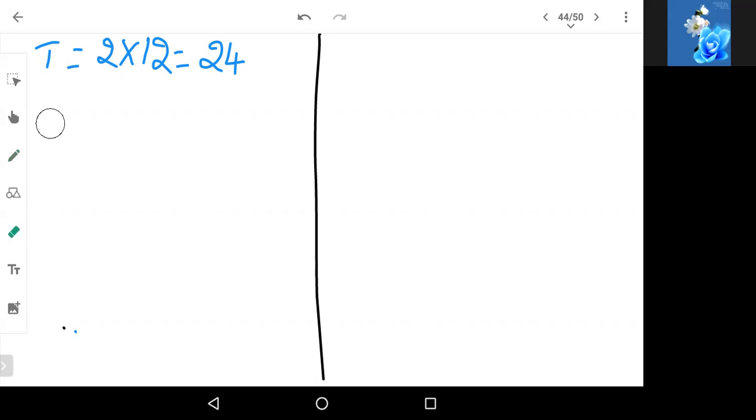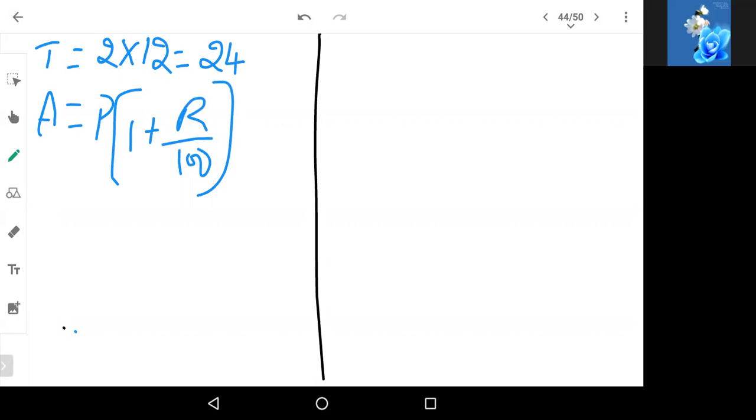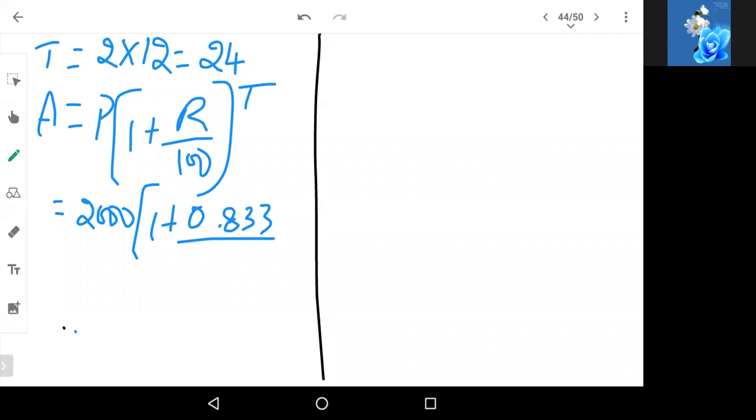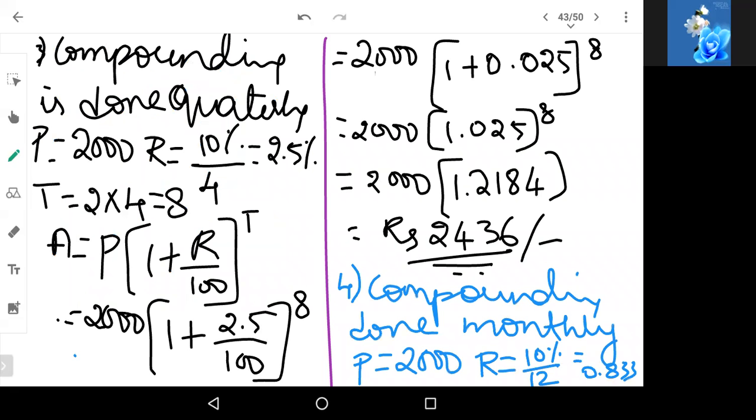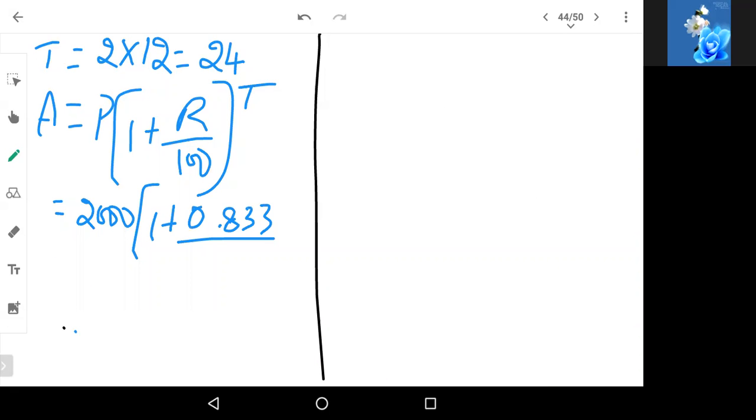So amount is equal to P into 1 plus R by 100 to the power T. So P is 2000, 1 plus 0.0833, right? Yes, this is correct, by 100 to the power T is 24.